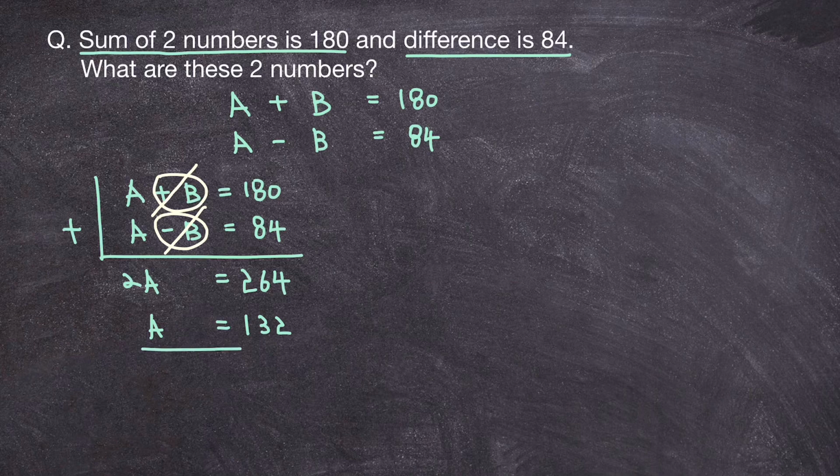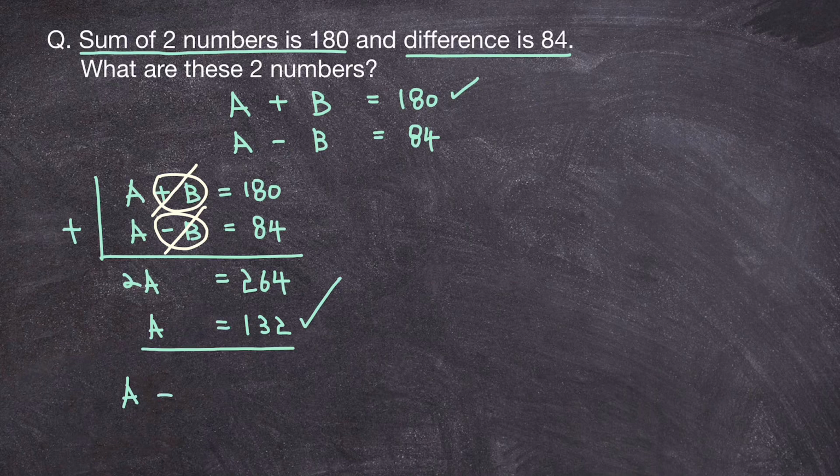Now I have one variable down, and since I have one variable down, all I need to do is plug it back into my original equation. Either one will work. Let's plug it back to the first one then.